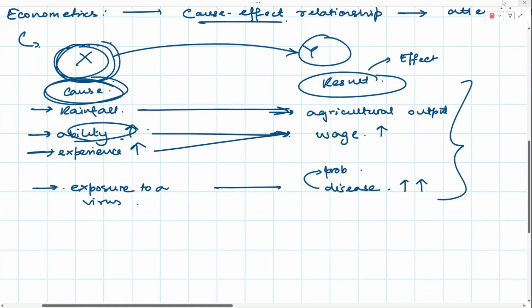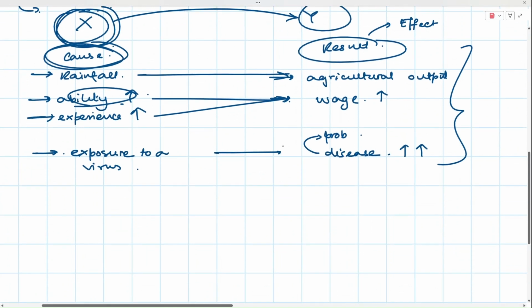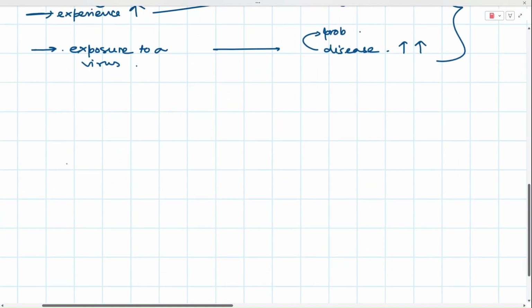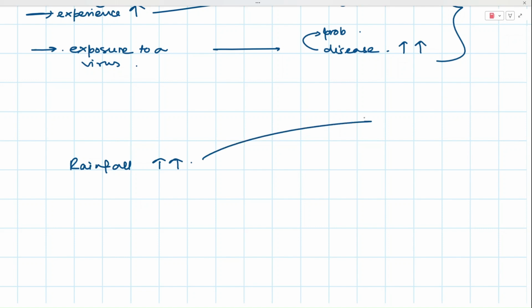But the problem is, suppose there's a quick deviation. Suppose there's a heavy rainfall in a particular place. That can lead to flooding. So if rainfall increases, then flooding will increase.